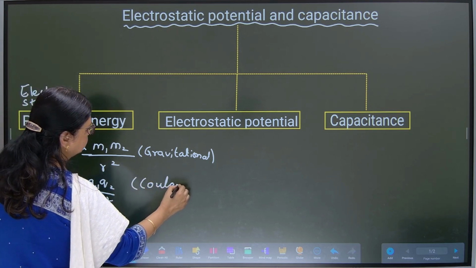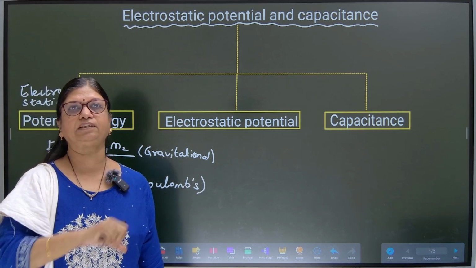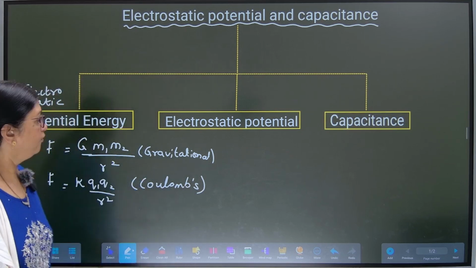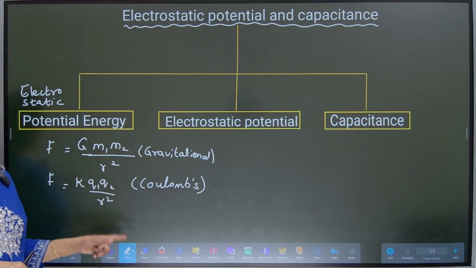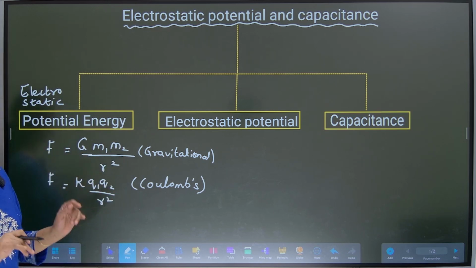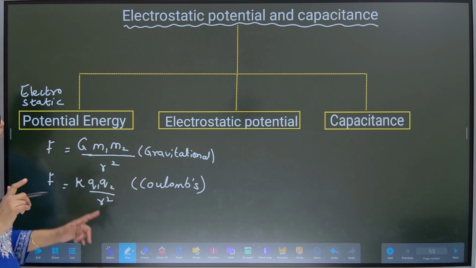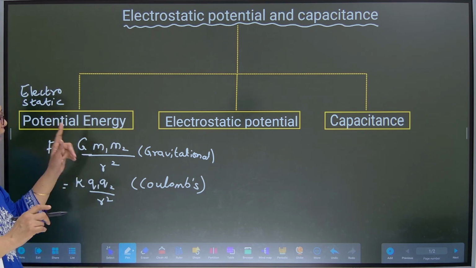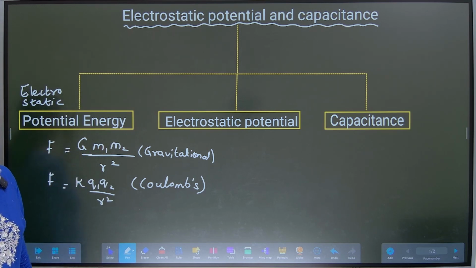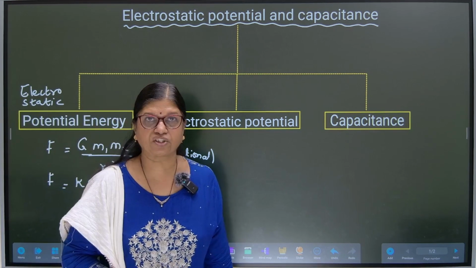Correct? See, we have to learn always with comparison, only then the concept will be understood. So, when we are talking about the gravitational law or Coulomb's law, what is the comparison? Here the distance between the masses is r, here the distance between the charges is r. So, if these masses can have a gravitational potential energy, then these charges also must have electrostatic potential energy.